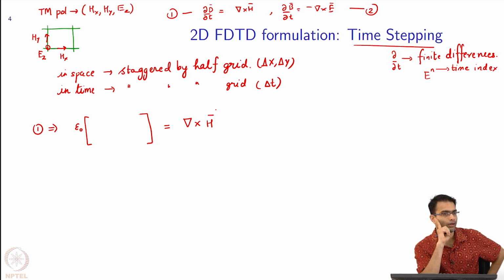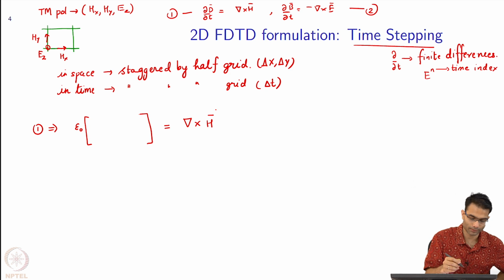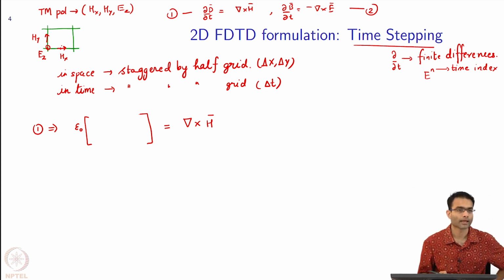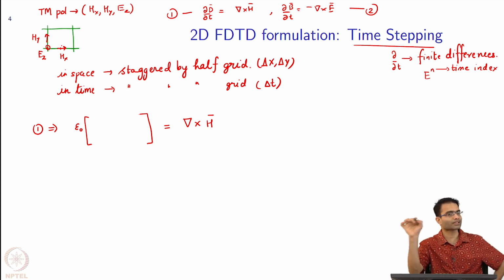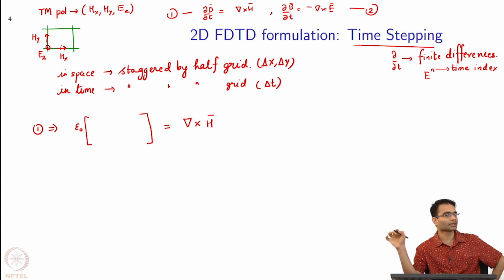Fine. Now, supposing I choose to evaluate, look at for example, in this TM stencil Hx is evaluated at one point in space. What is the next point in space? Is it delta x later or is it delta x by 2 later?